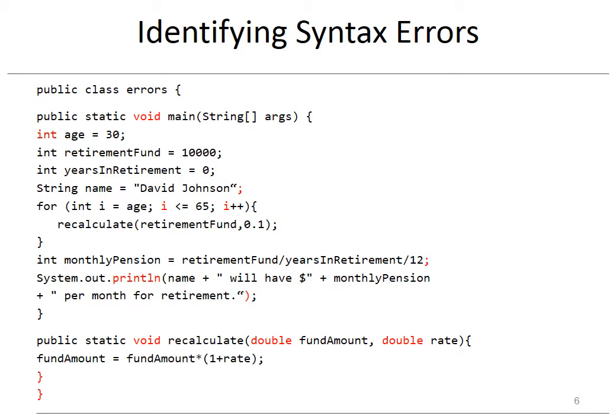The keyword void of the main method was misspelled. The variable age should be declared as an integer. The declaration of the string name should end with a semicolon instead of a comma. The termination and increment statements of the for loop were not okay.